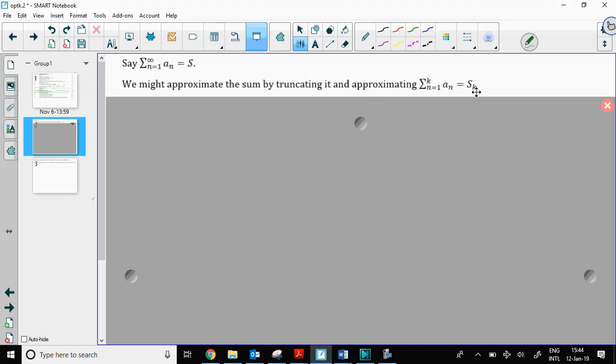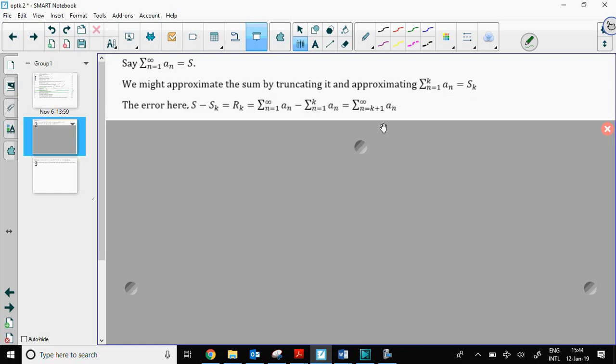Now on its own, this partial sum is not terribly interesting. I could easily grab a calculator and have it calculate a partial sum for me, or I could just add up a couple of terms. In practice, the problems we do are going to deal with a relatively low value for k anyway. What we're interested in here, however, is the error. The error would be the difference between the actual sum and the kth partial sum, and we can denote this by r sub k.